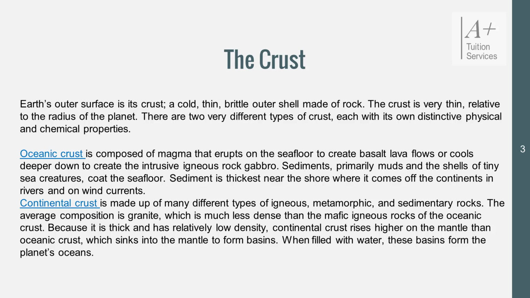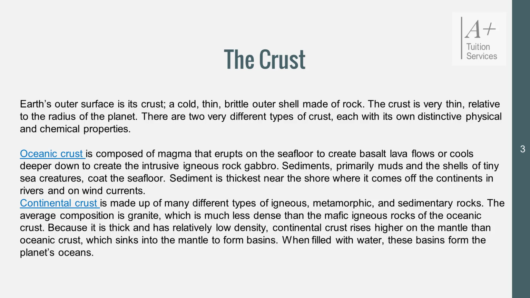So the first type is the oceanic crust, and this is composed of magma that erupts on the seafloor to create a basalt lava flow, or cools deeper to create an intrusive igneous rock, gabbro. Sediments, primarily mud and shells of tiny sea creatures, coat the seafloor. This is what makes up that brown sand.